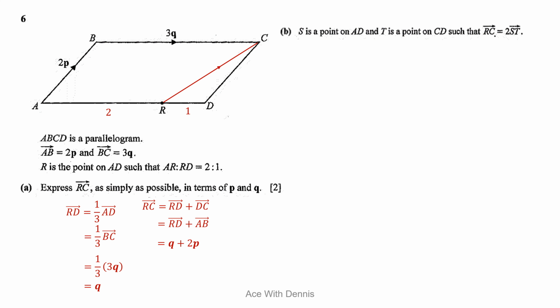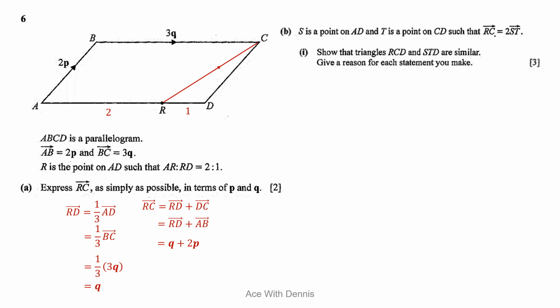Next, question B. S is a point on AD and T is a point on CD such that vector RC equals 2 times vector ST. 1. Show that triangles RCD and STD are similar. Give a reason for each statement you make. 3 marks.